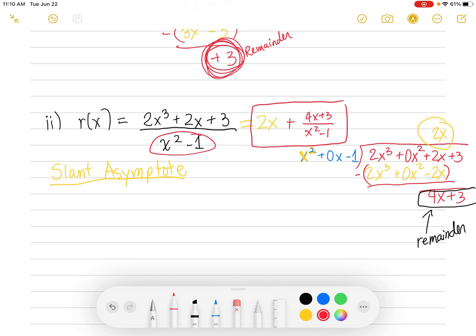So this is our function rewritten. It's rewritten as 2x plus the remainder, 4x plus 3 over x squared minus 1. So this yellow part right here, that's called the linear part. That's going to be your slant asymptote. So we have a slant asymptote at y equals 2x.